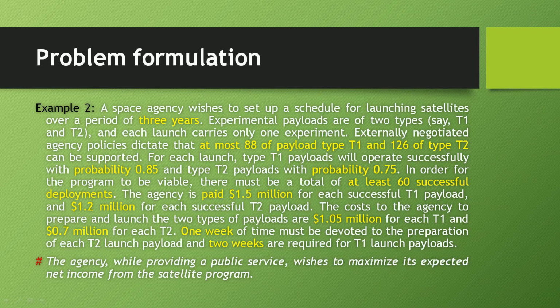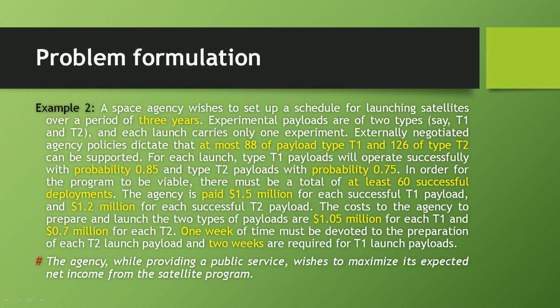For each launch, type T1 payloads will operate successfully with probability of 0.85 and type T2 payloads with probability of 0.75. In order for the program to be viable, there must be a total of at least 60 successful deployments. The agency is paid $1.5 million for each successful T1 payload and $1.2 million for each successful T2 payload.